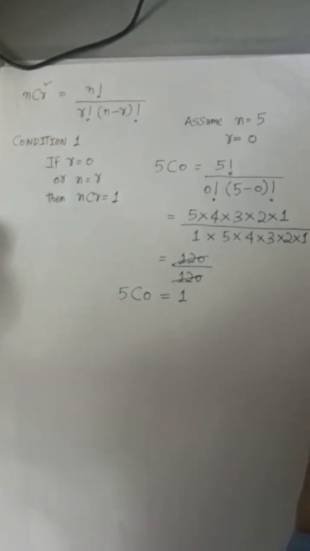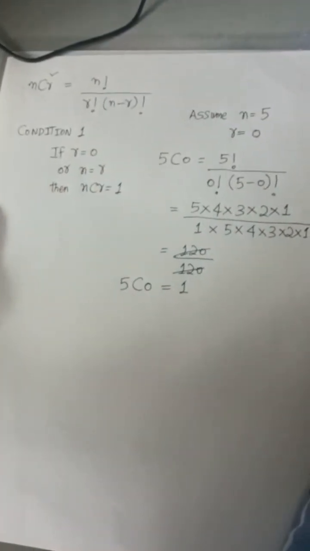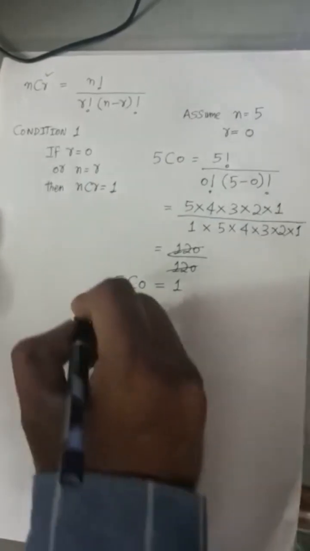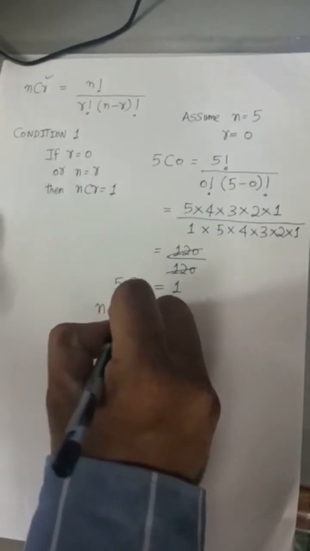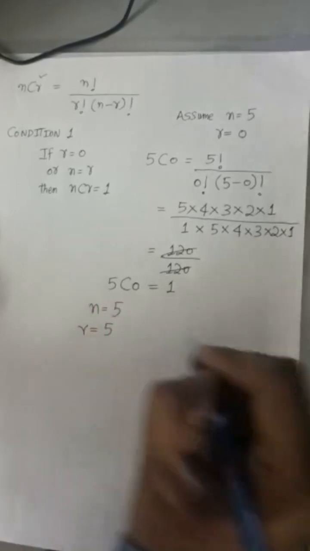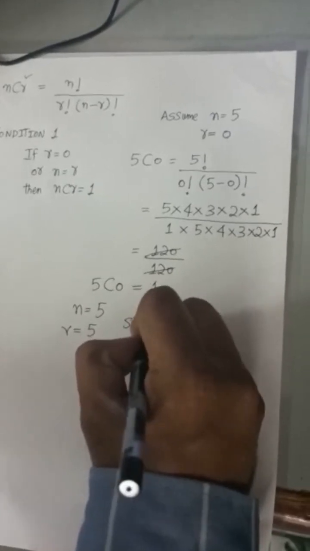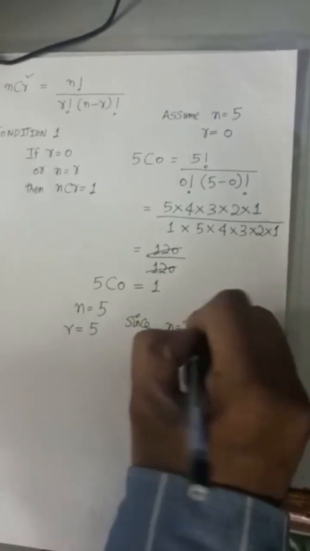Now in the other condition, that is n equal to r, we will assume n equal to r, meaning n we have already taken as 5, then r will also be equal to 5, since n equal to r we are taking.